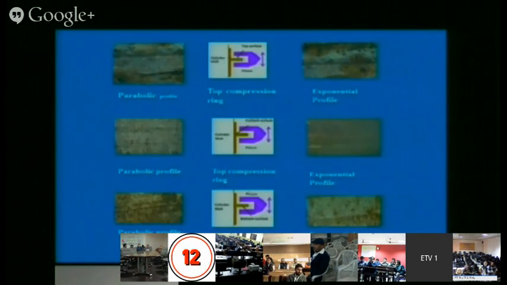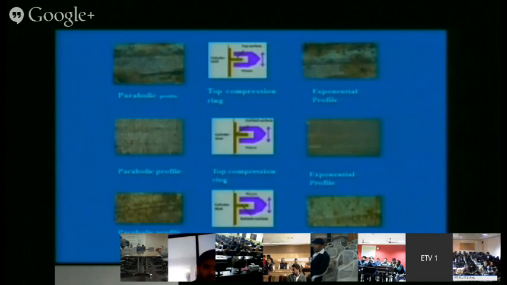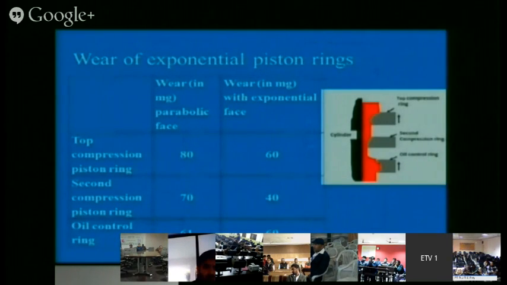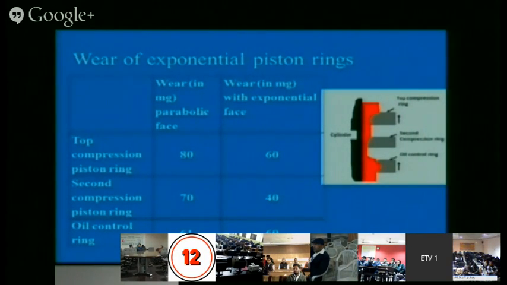So here what is happening, compare this surface and this surface. For the exponential profile, whatever surface was there in the beginning, exactly the same surface was there, there was no wear at all. And if we see in terms of numbers, for the top compression piston ring, when the design of this piston ring is changed, only the top compression piston ring, what is happening?